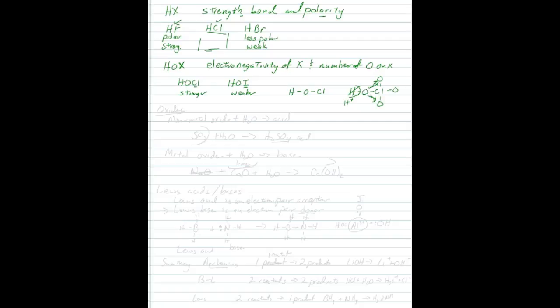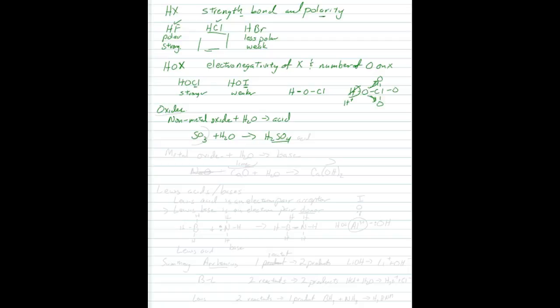Acid-base properties of oxides. If you have a non-metal oxide plus water, you'll form an acid. For instance, SO3 plus H2O yields H2SO4. Sulfuric acid is an acid.